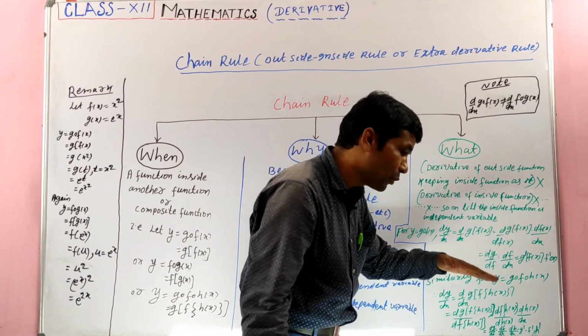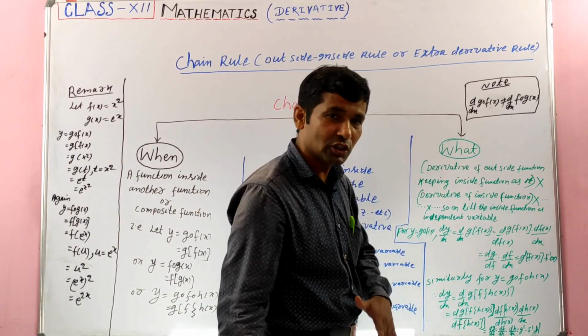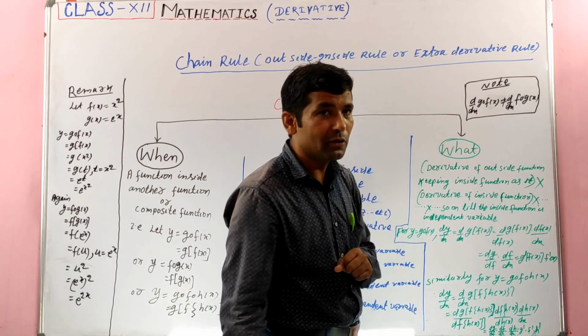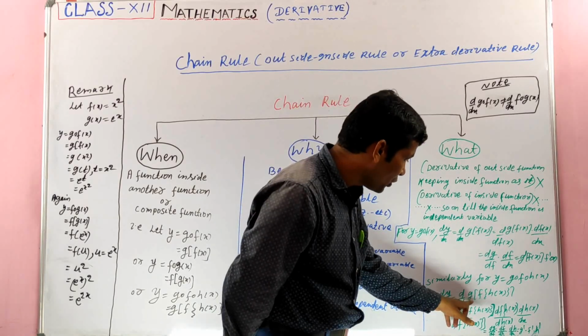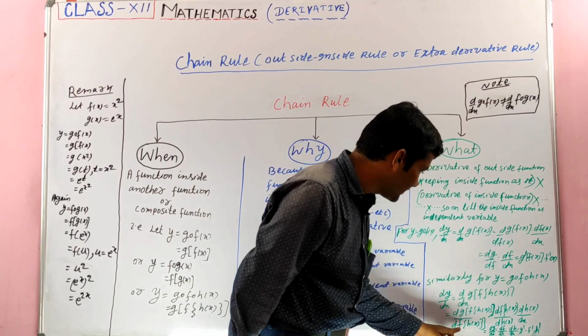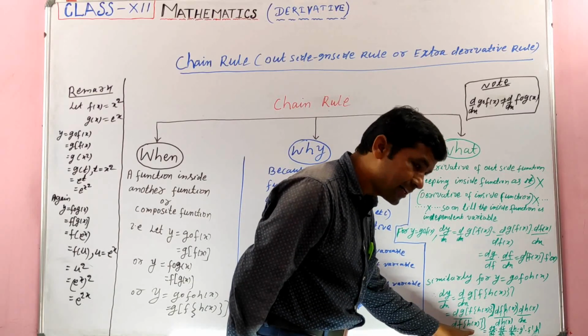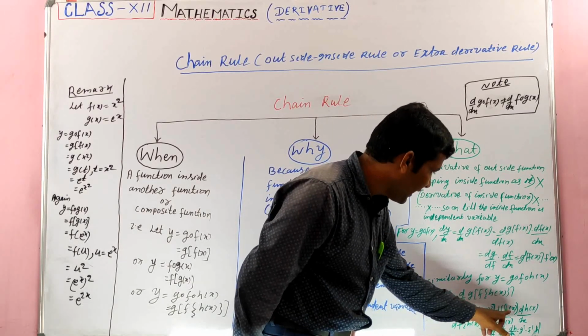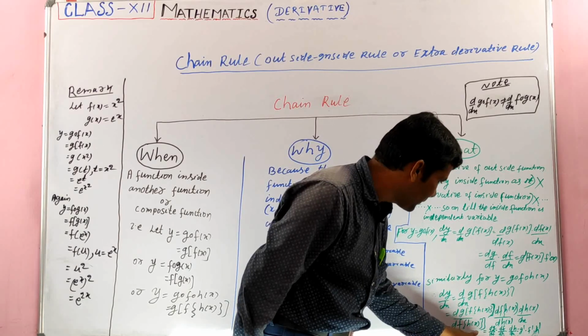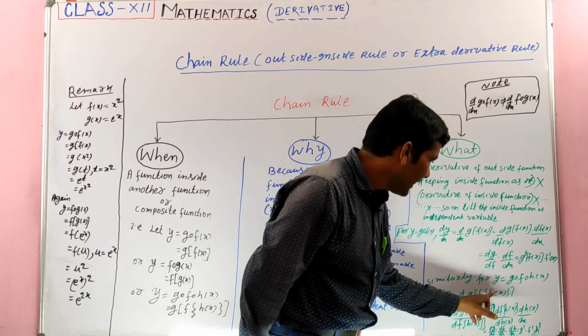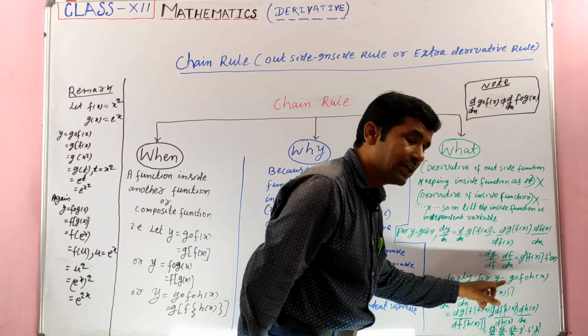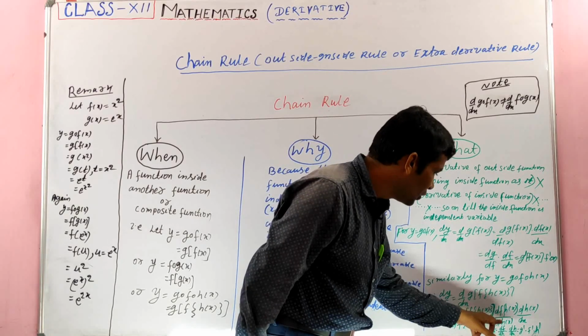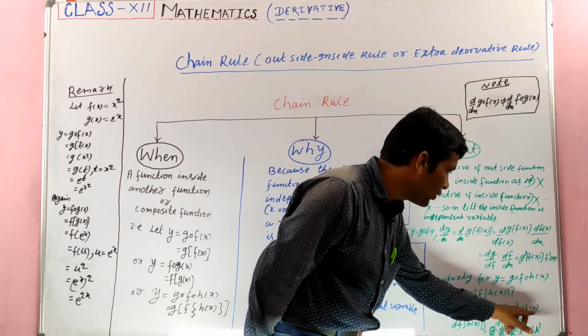So first we have to find the derivative of the outside function, then the derivative of the inside function. So the inside f of h of x is adjusted in the denominator and numerator, f of h of x, f of h of x. Again the inside function is what? Inside of f is h of x, so d h of x into d h of x.